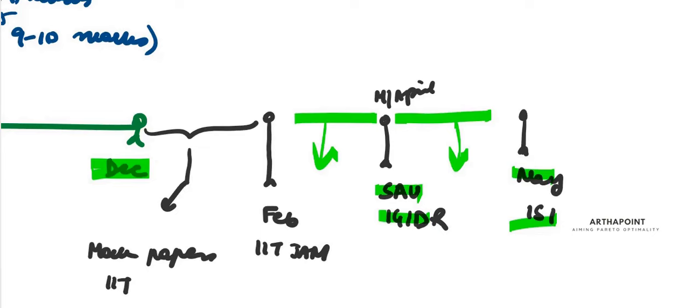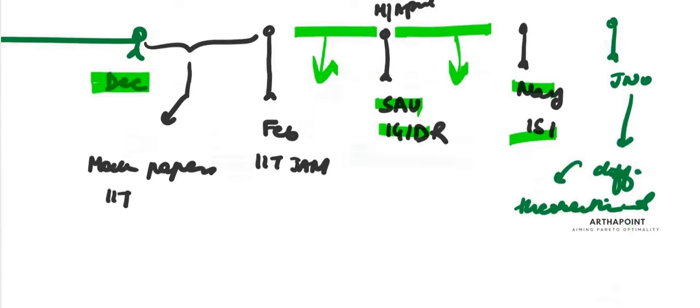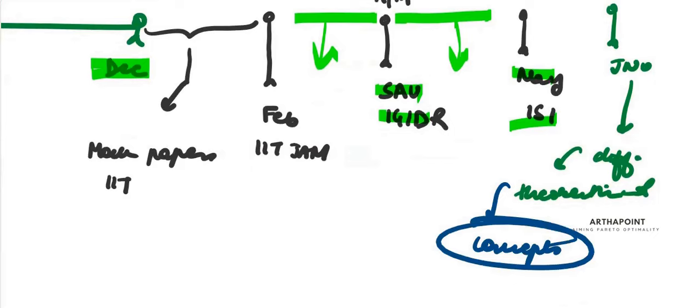For example, early June or May end, we have JNU. This is a very different paper. This is very theoretical. You don't have to do maths. You just have to be thorough with your concepts. You don't even need your advanced lectures for these.